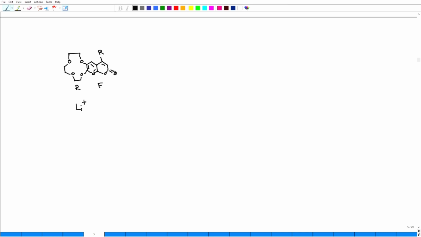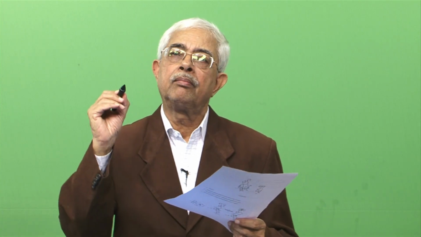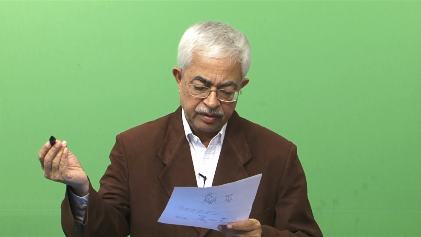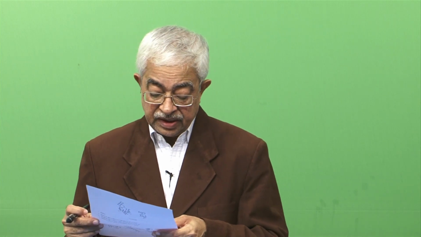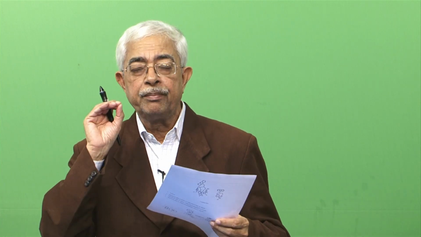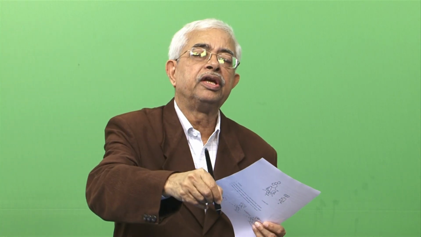Lithium ion is very important. Why? For manic depression patients, patients who are always feeling depressed, lithium is a very important drug. But that drug has to be administered carefully. I cannot put lithium in kilos, then the person will die.